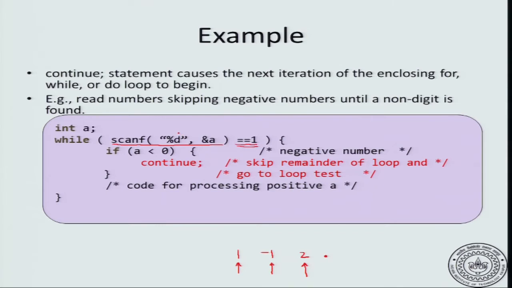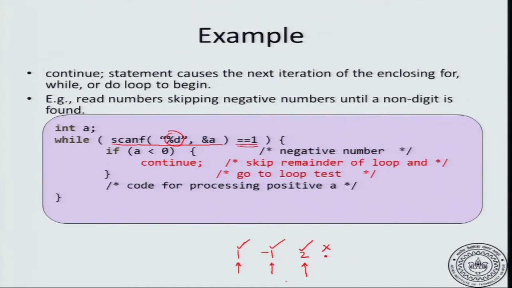For example, we are trying to read an integer with the %d specifier. When we try to read the first entry, it should succeed. When you try to read the second entry, it should succeed. When you try to read the third entry, it should succeed. In all these, the scanf %d will return a 1, because one entry has been read correctly.